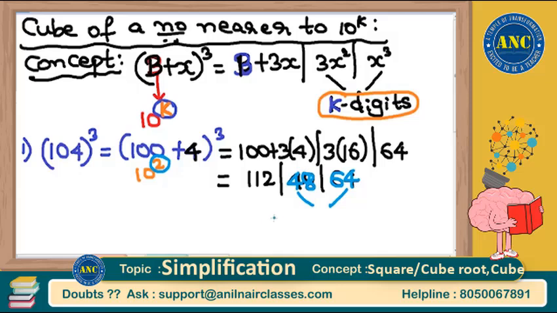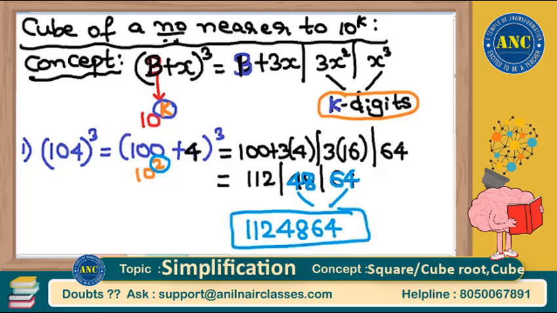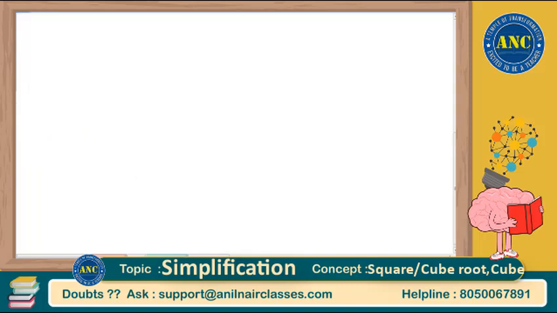Yes it is. Remove the slash, you will get the answer. 1124864 should be the answer for 104 whole cube. Very, very easily, within one or two steps, you will get the answer. I believe the first problem is very, very clear. 104 whole cube is 1124864.